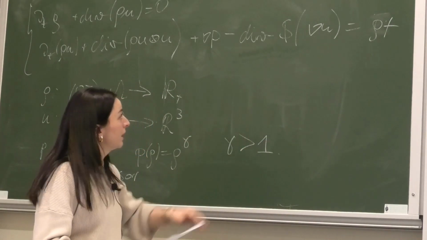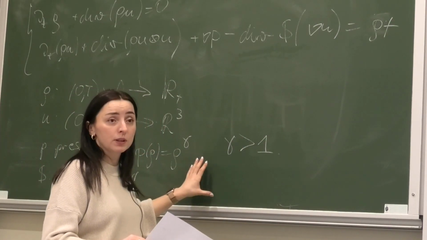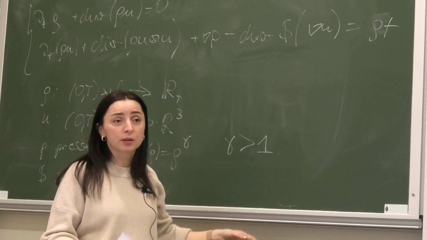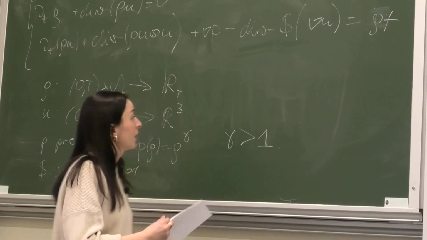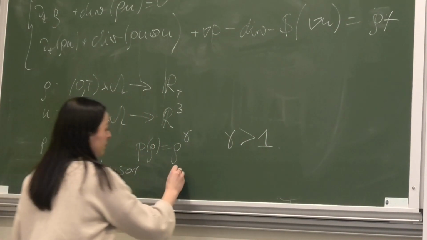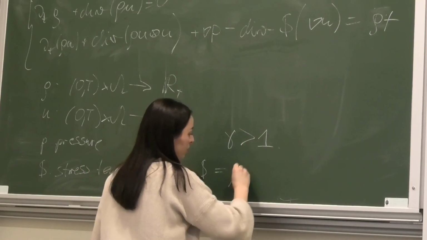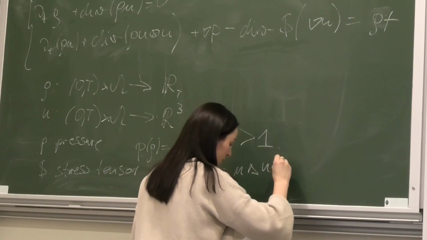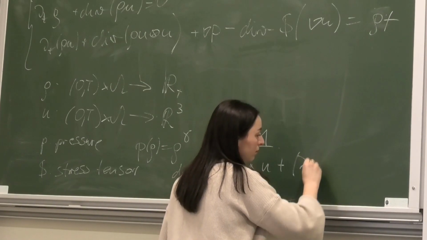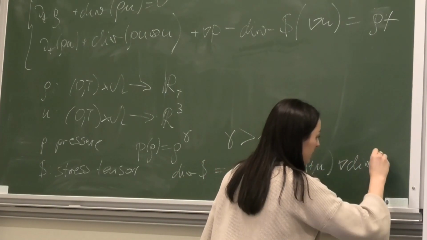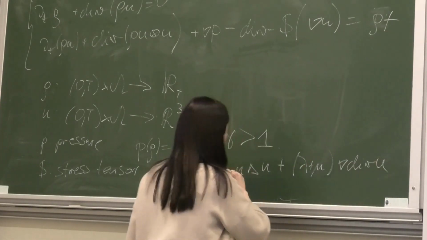But in general, this stress tensor, for the purposes of today's talk, is something like a Laplacian of the velocity. I'm not going to talk about the physical meaning of it. So I will assume that the divergence of S can be expressed as mu Laplacian of u plus a diagonal component, gradient divergence of u. Yeah.